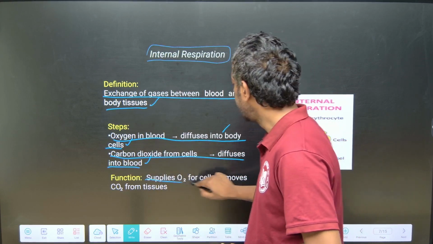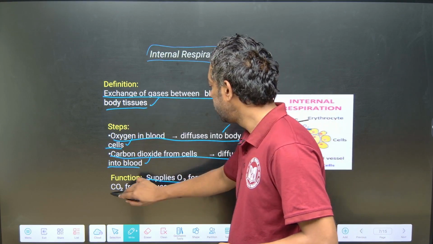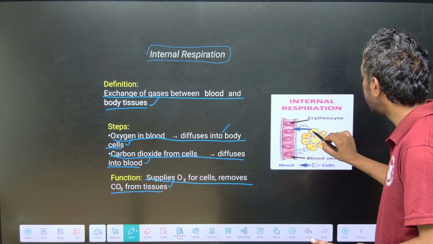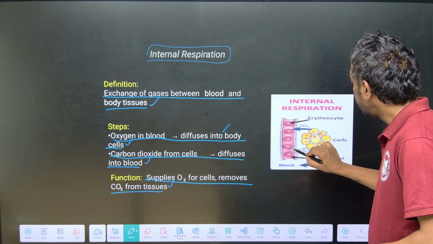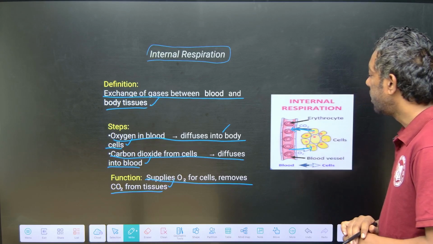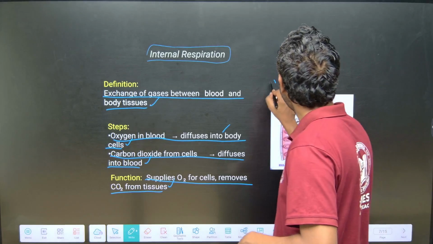Function: supply oxygen to cells and remove carbon dioxide. The oxygen enters into the cells, and from the cells the carbon dioxide exits into the blood vessel. This process is called diffusion.